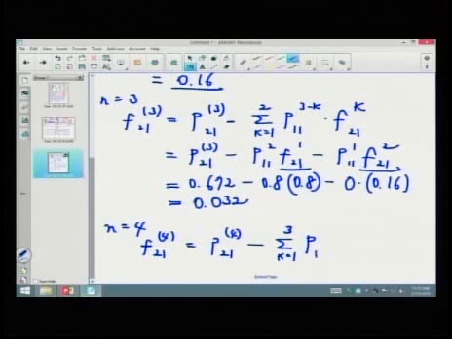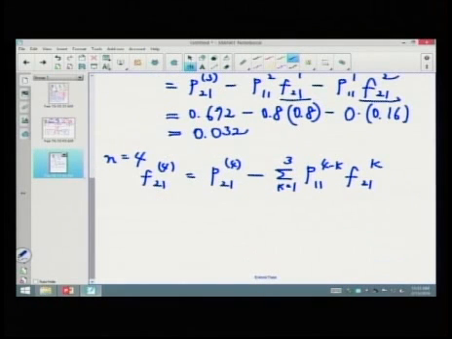And p sub 11, 4 minus k, f sub 21 to kth power. Okay? So it's getting complicated, right?